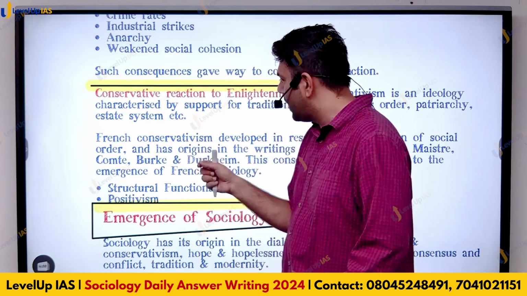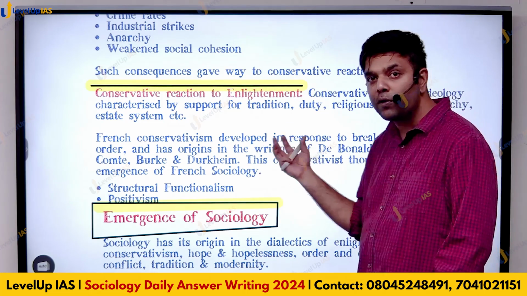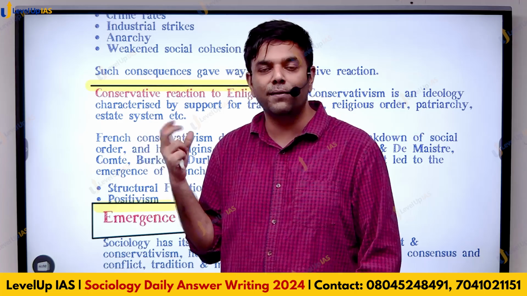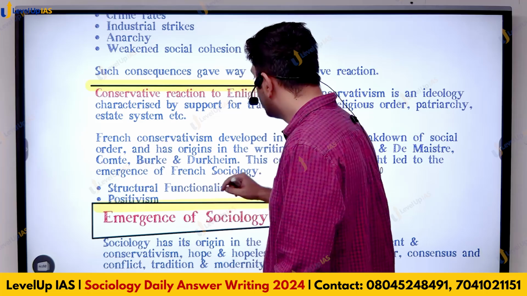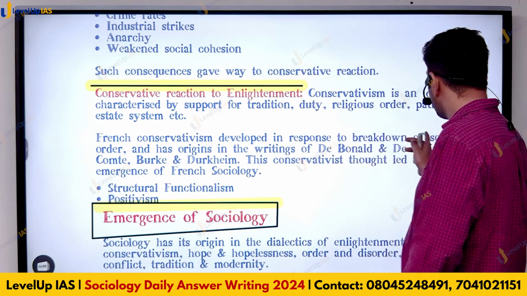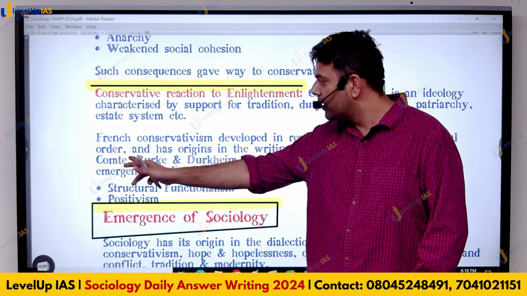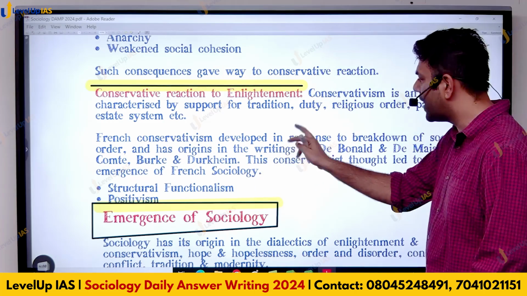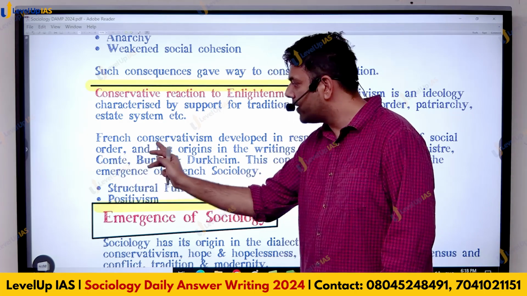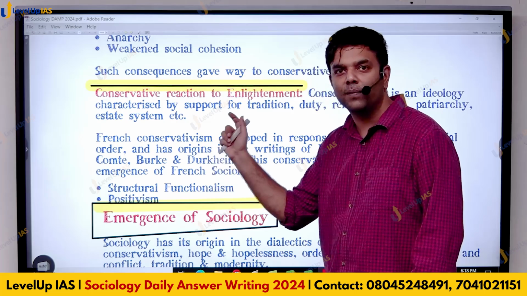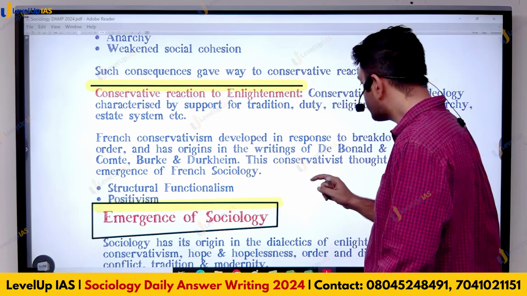French conservatism developed in response to, because most of the people who expressed conservative reaction were French, that is why I'm using the word French conservatism. It developed in response to breakdown of social order, which broke down because of Enlightenment, and has origins in the writings of de Bonald, de Maistre, Auguste Comte, Edmund Burke, Durkheim. Remember, all of them are French.